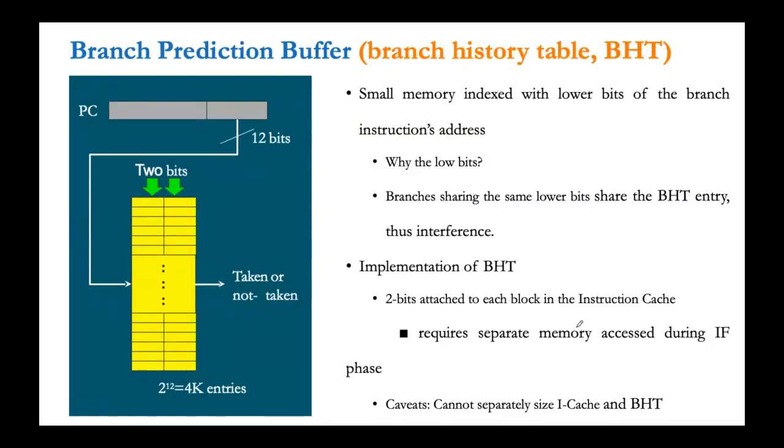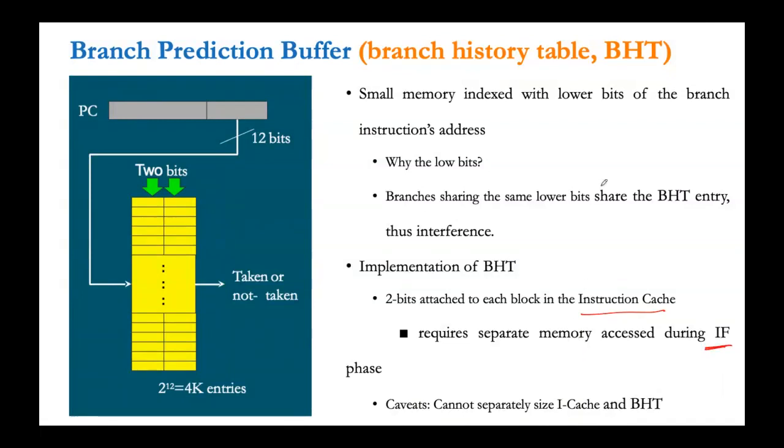As said, it takes the lower 12 bits and generates 4096 entries. In those entries, whatever the values are, 01, 00 or 11, that gives whether that branch is taken or not taken. So the branch history table is a buffer that exists in the instruction cache memory only, and that instruction cache memory is accessed at the instruction fetching stage.